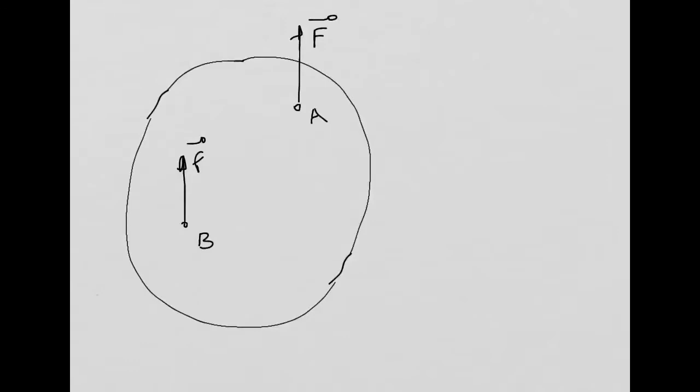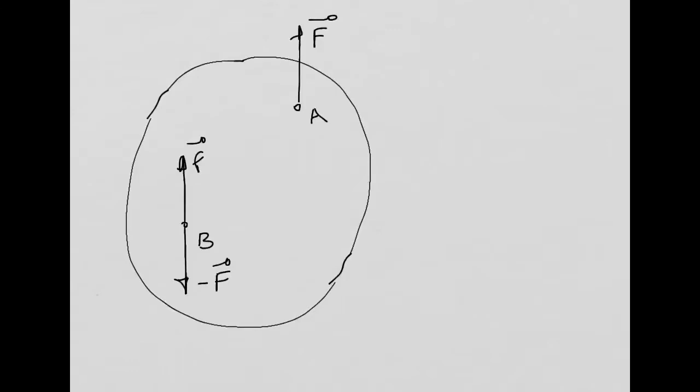So how do I make this the same? Well, I make this the same if I include a symmetric force here at point B, minus F. Don't you agree? So if I add at point B a force F and a force minus F, they cancel each other, then I get exactly the same initial problem.